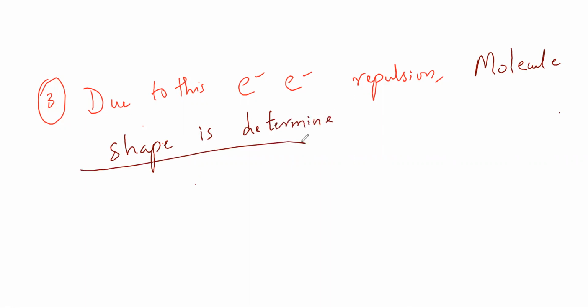Fine? So if we can understand these three things, and then read your NCERT textbook, it's very easy for us to do it. Molecule shape is determined by electron repulsion.